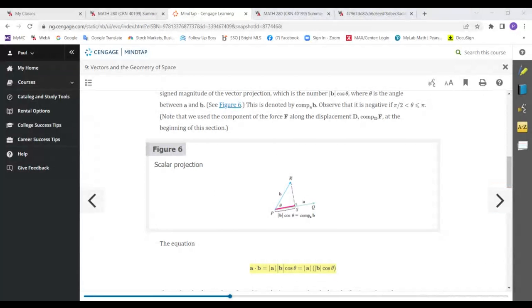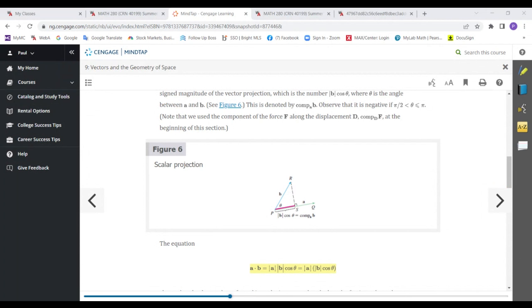But now here in this picture, you have what they call a scalar projection. If you project a vector B onto the vector A, that projection vector is some multiple of the vector A, because the projection vector is on the vector A, so it's parallel to it.